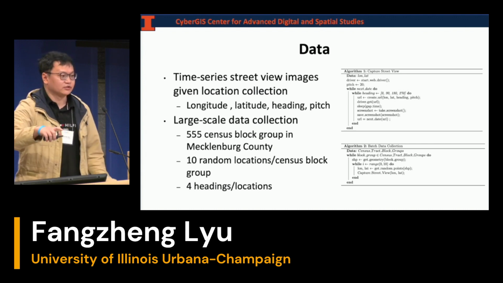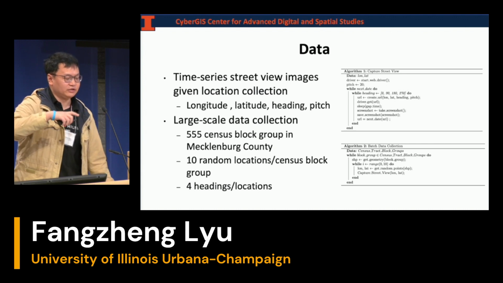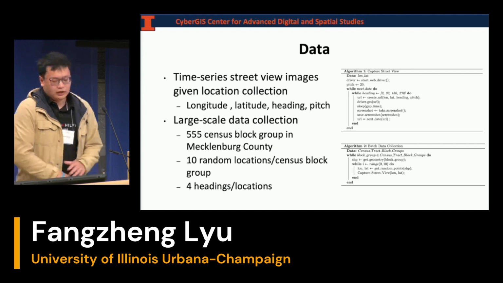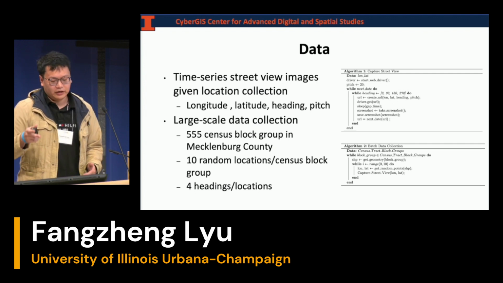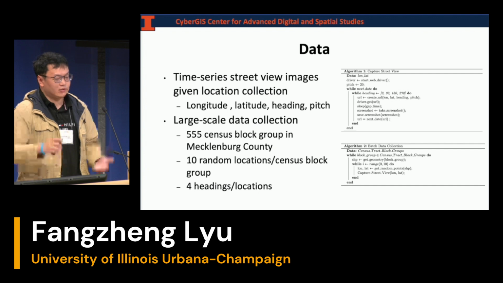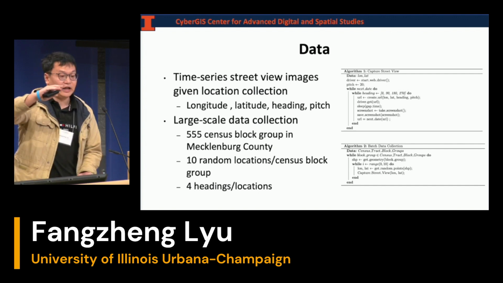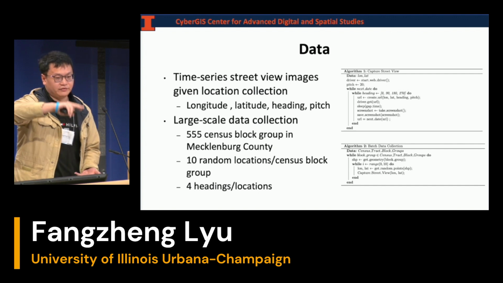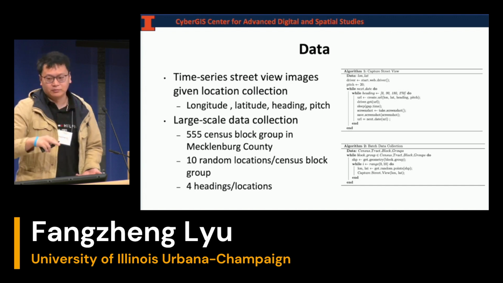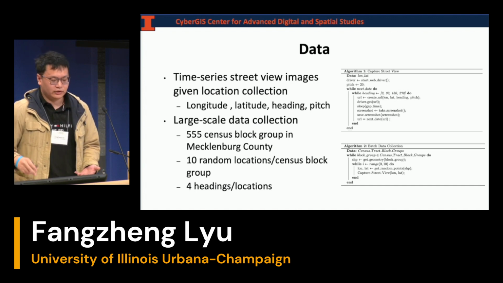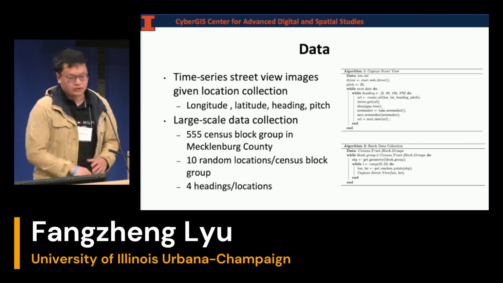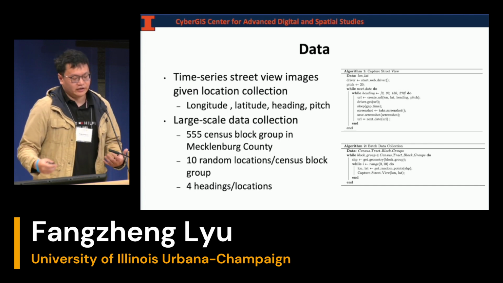Given this, we can use the first algorithm to capture a time series collection of images starting from the very first day there are street view images all the way to the most recent one. The second algorithm is used for batch data collection.